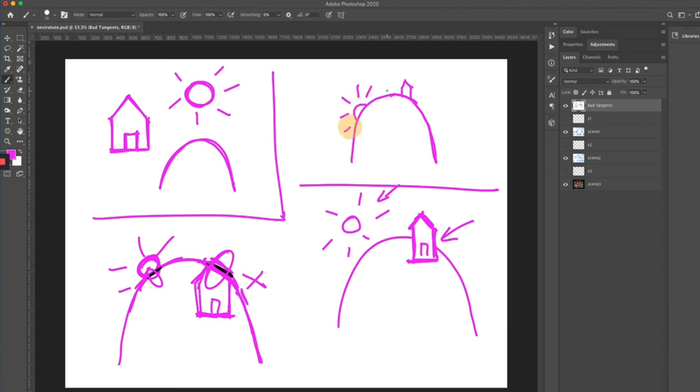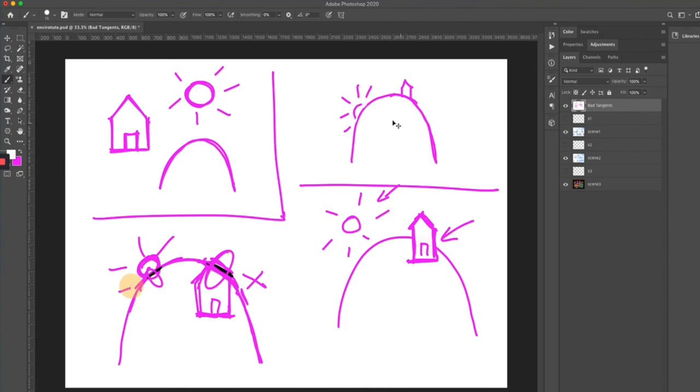Although if you do the sun like that, again you're thinking, is it stuck on the hill or is it something else? But then you might fade this off, and you probably would fade that sun and really sit it off in the distance and make it look like it really is away from that hill. So there's other things you can do, but the point being that you're not sharing lines like this.